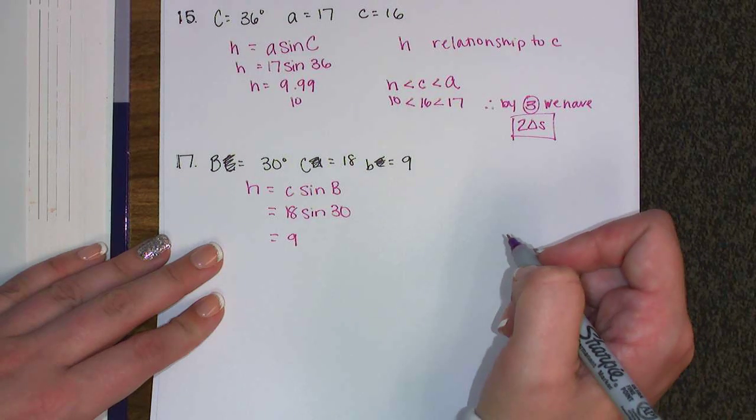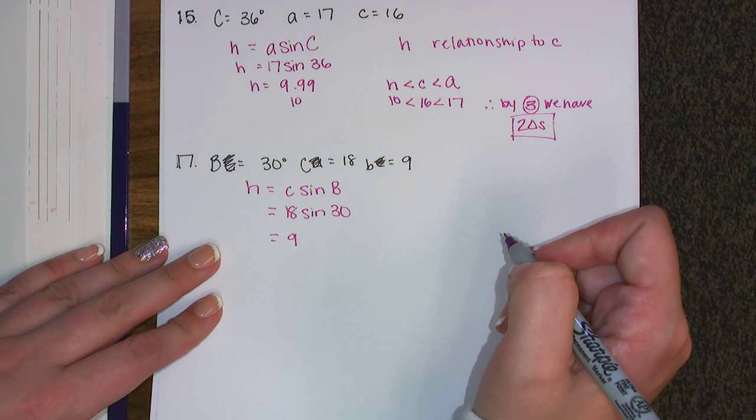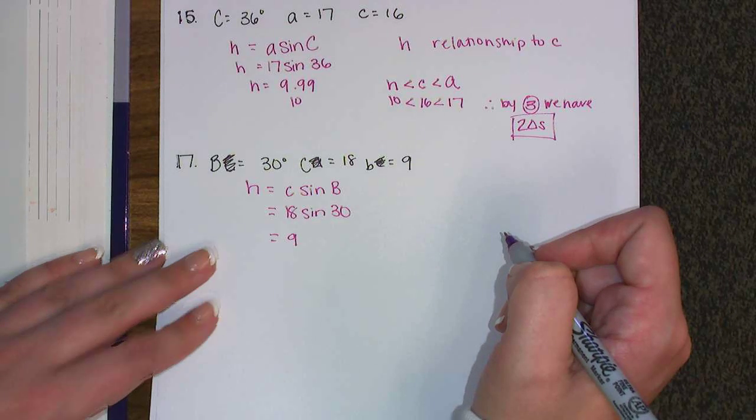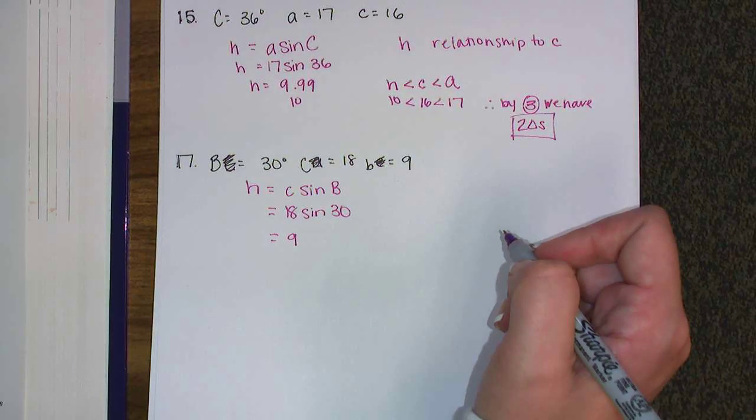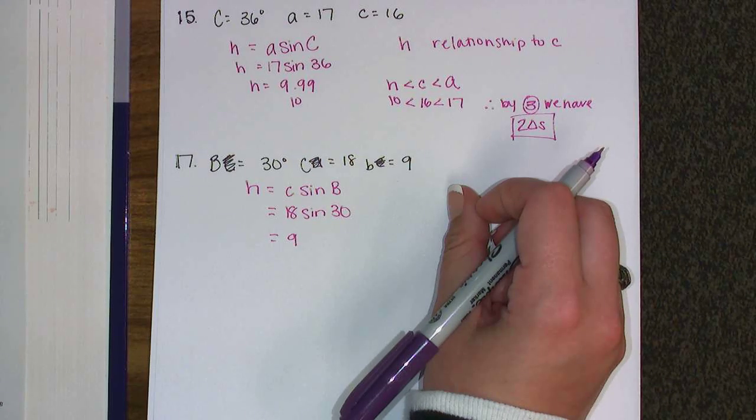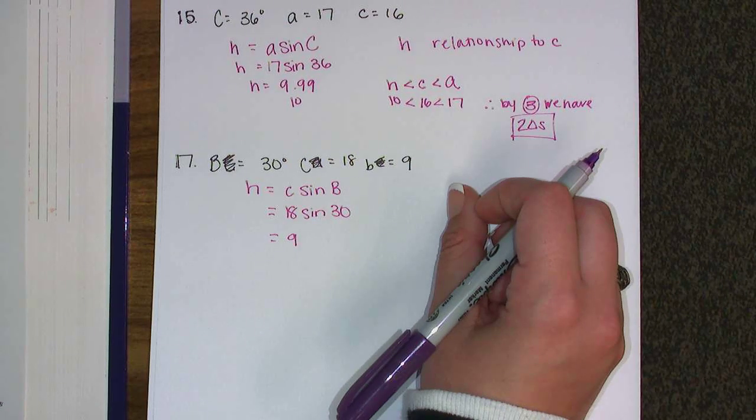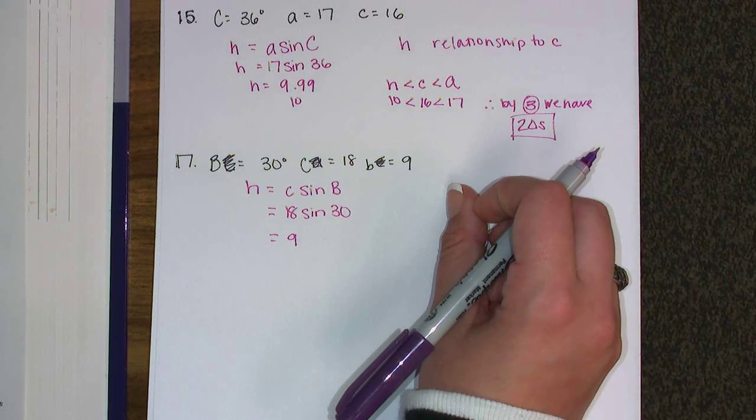Now, according to this, we are supposed to have two triangles according to the book.